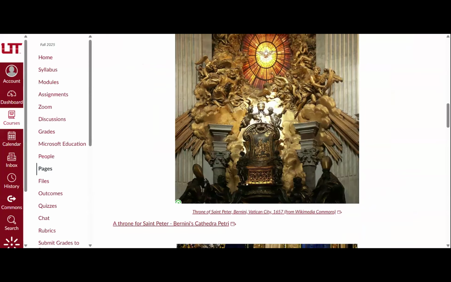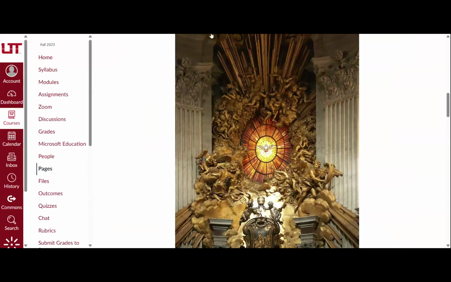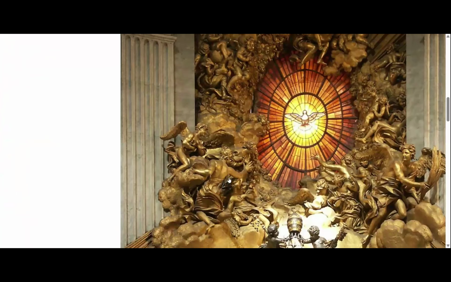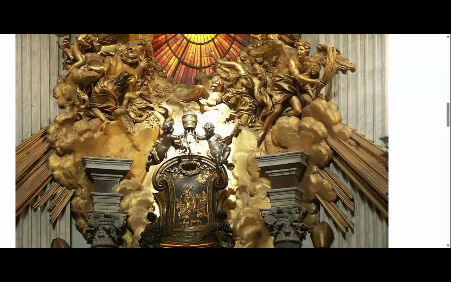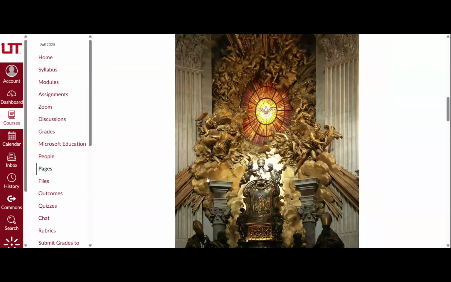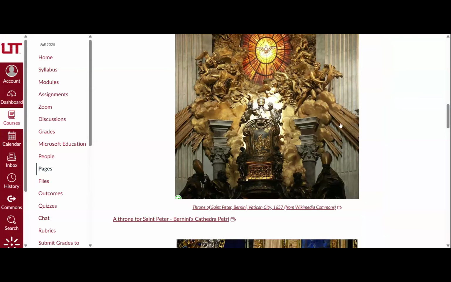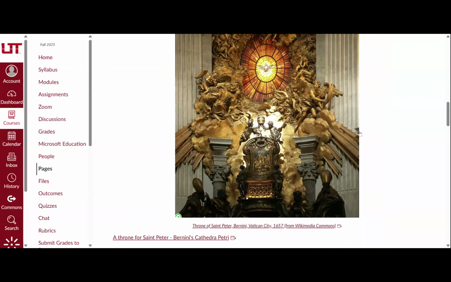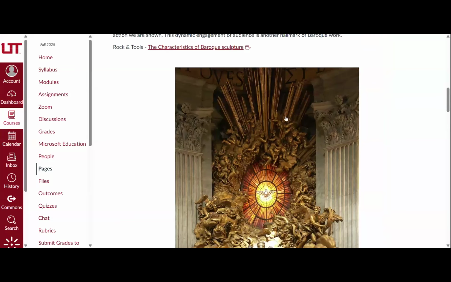Yeah, I think that is just incredible, and hopefully you can see a lot of the energy around this throne. There's so many of these angels everywhere, and they're all in different positions of movement. And even though these lines coming out represent sun rays and light rays coming out from heaven, yes, they are static.